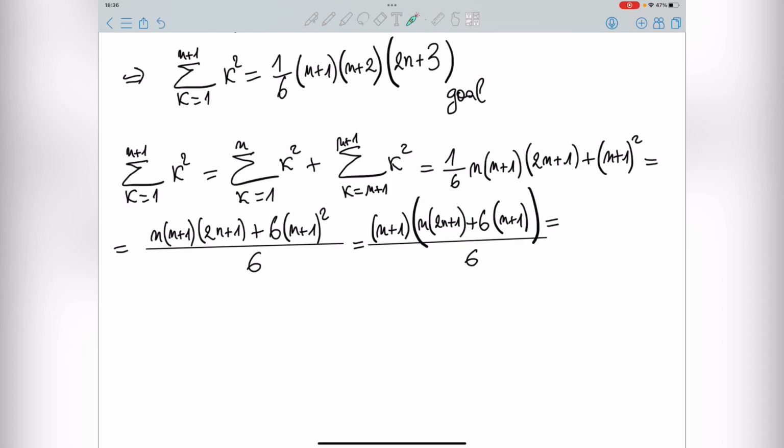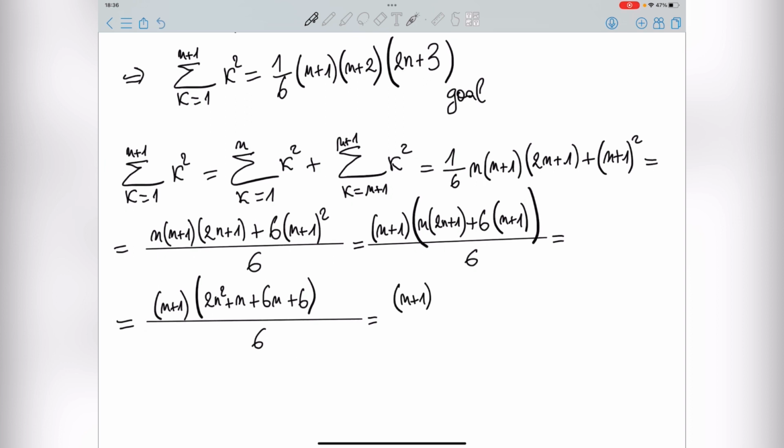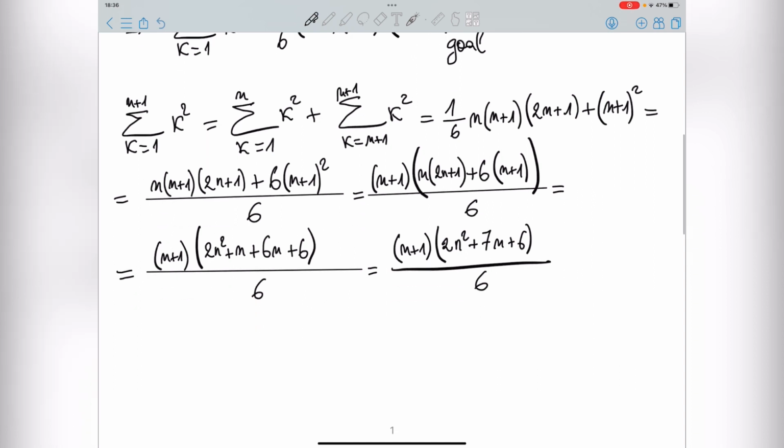Now we can multiply and remove the brackets, so this is equal to (n plus 1) times (2n squared plus n plus 6n plus 6). This is equal to (n plus 1) times (2n squared plus 7n plus 6) all over 6.